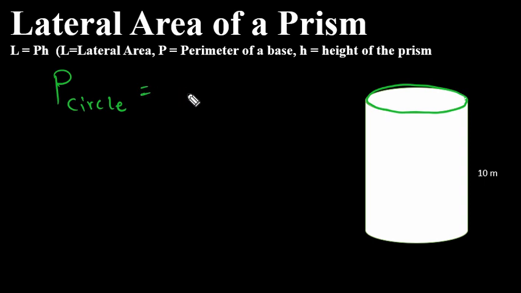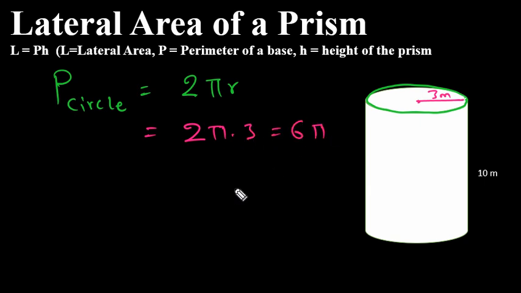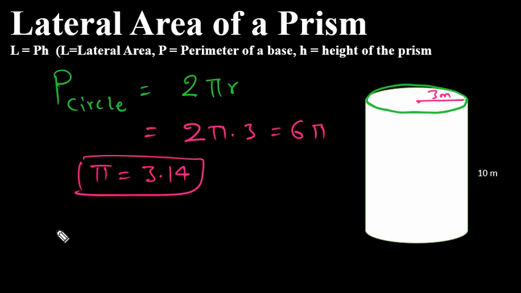The formula changes here, so you should know the perimeter of a circle. That is 2 pi r. Now if I give you the radius as 3 meter, then 2 pi times 3 will give you 6 pi. If you want to solve it further, you can put the value of pi, which is 3.14. Now the height is given as 10 meter.